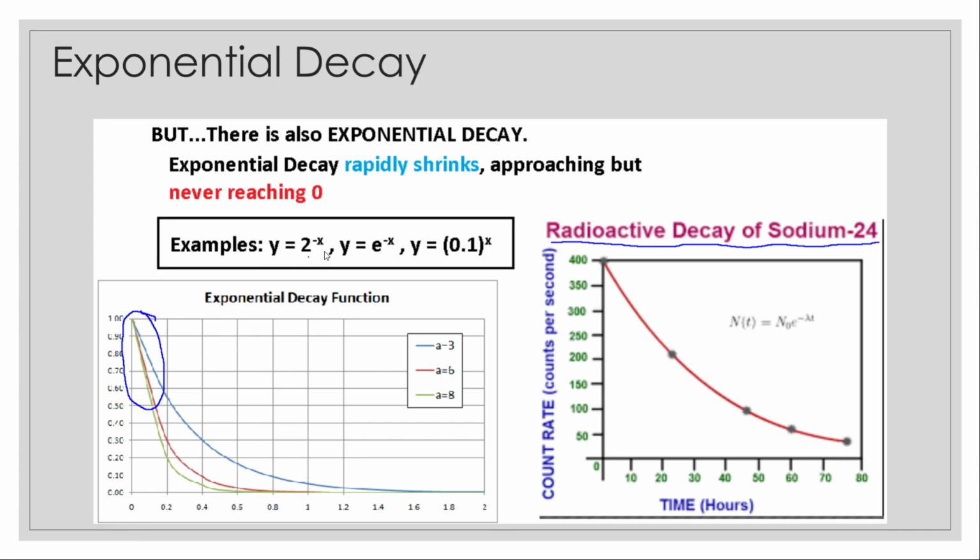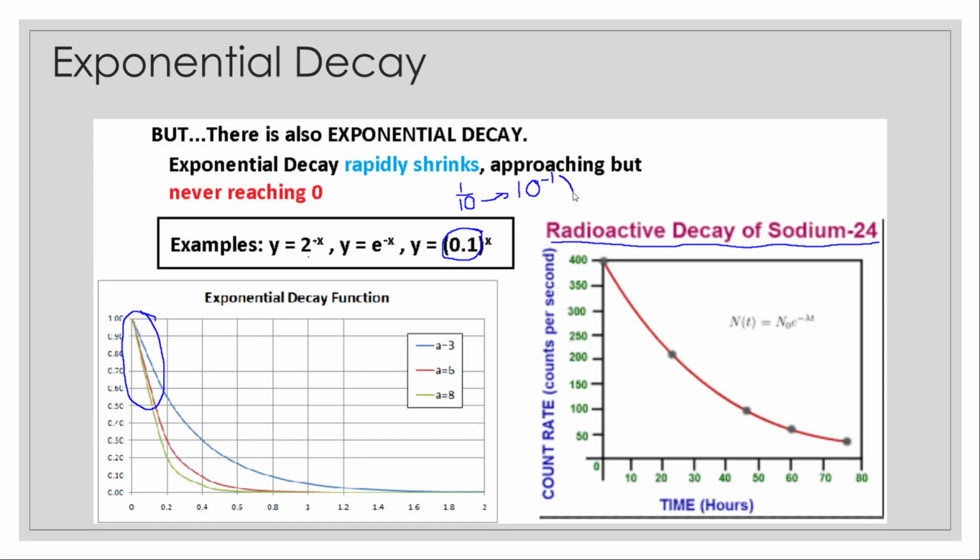If you look at the examples here, you see that the only difference is we have a negative exponent here, you have a negative exponent here. You do have a positive one here, but the base is less than 1. That 0.1, that's actually 1/10. And I could swap that to 10 to the negative 1.